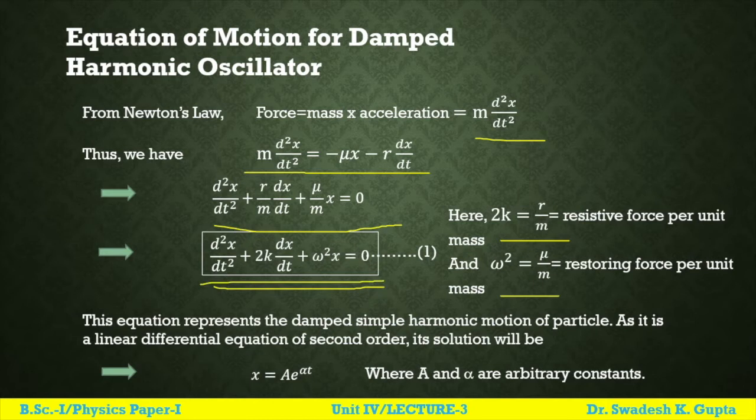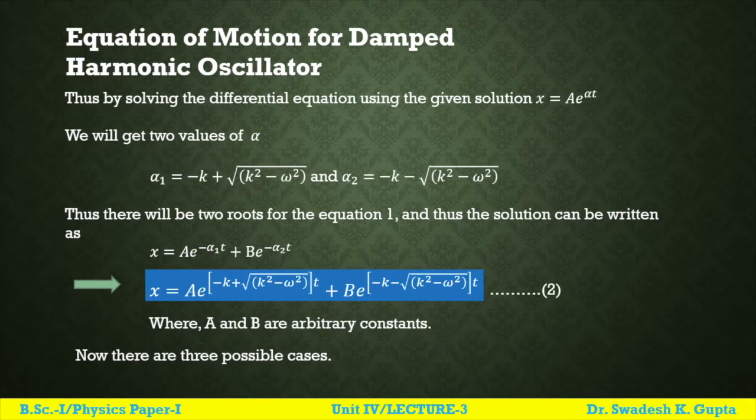Now this is a linear differential equation of second order, and so its solution can be written in the form of an exponential term. x is equal to A e to the power alpha t, where A and alpha are arbitrary constants. Because we have to solve this equation, if we put x equal to A e to the power alpha t in the differential equation, then we will get two values of alpha, alpha 1 and alpha 2.